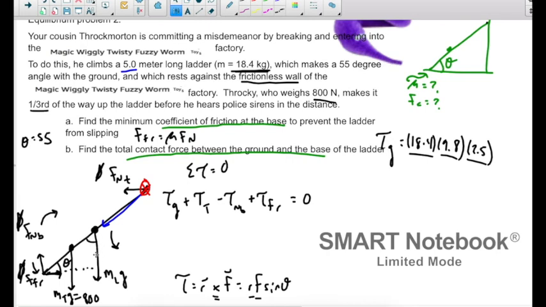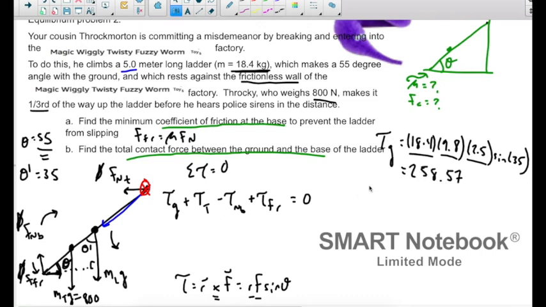And I know that this angle theta right here is 55. So therefore I know that this angle, we'll call it theta prime, is 35 degrees, right? Because they're part of this right triangle. So I'm going to add in here the sine of 35. That's going to be the torque due to gravity. We can go ahead and get a number for that, make things simpler for us.